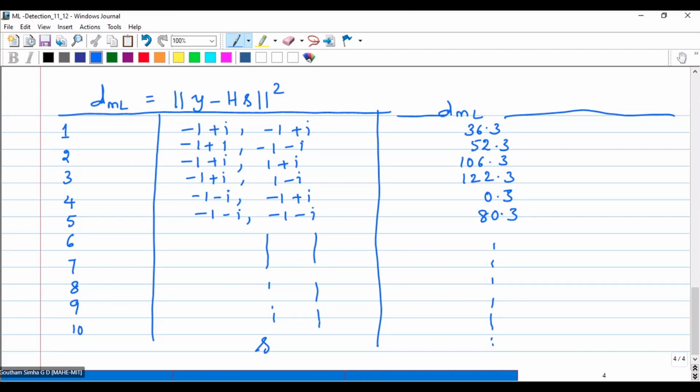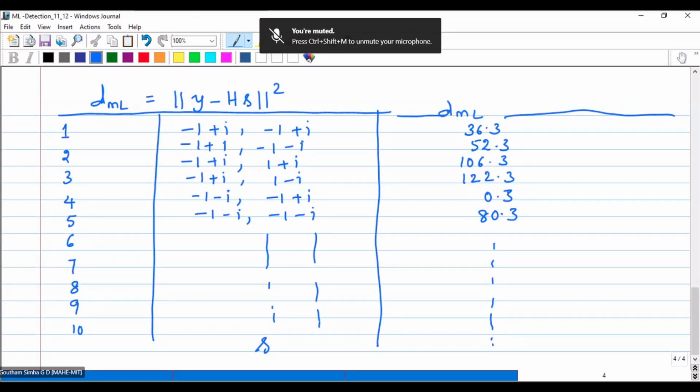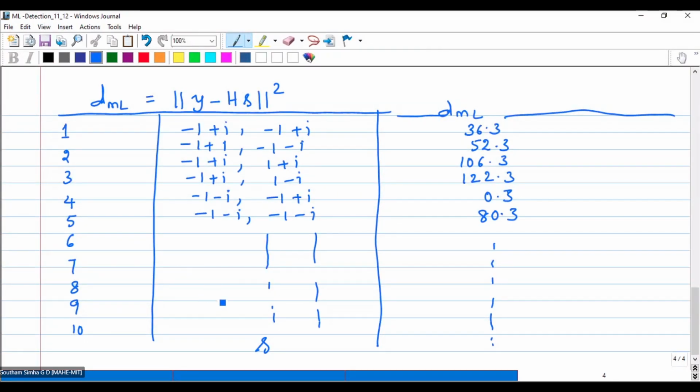I'll write one more point here: 1 minus I and -1 plus I. If I calculate the distance, it will be somewhere around 32.3.